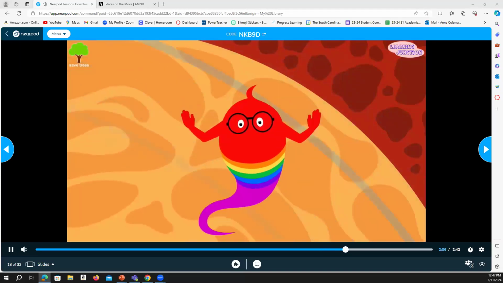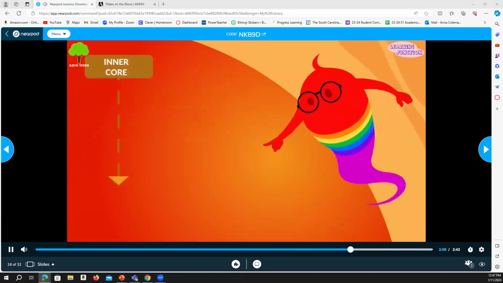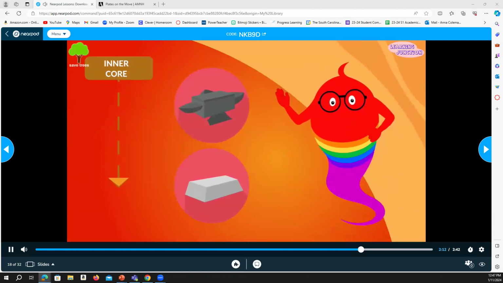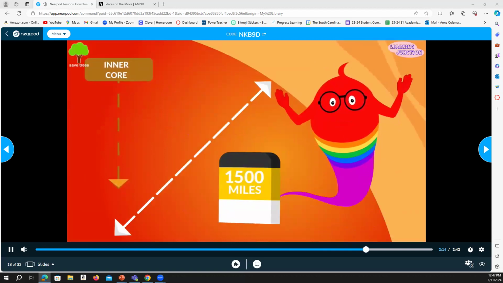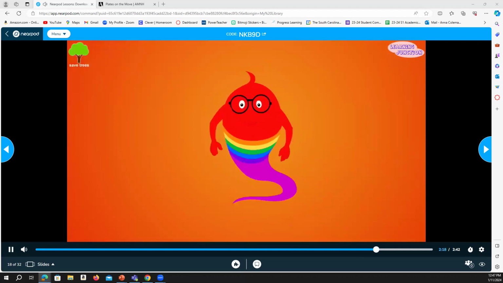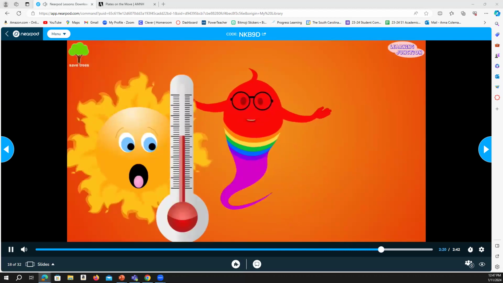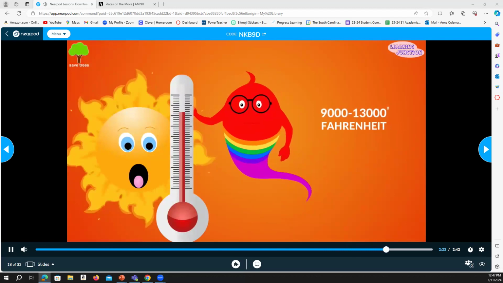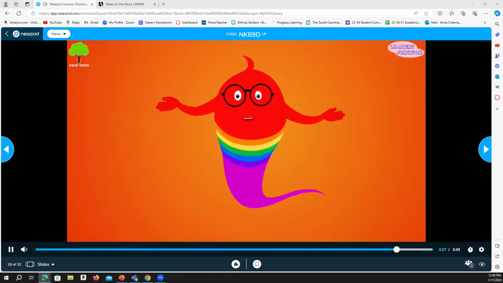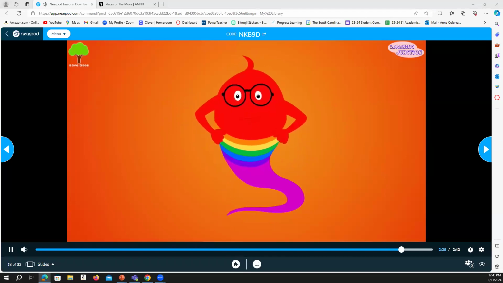That's cool. Now, the inner core. The Earth's inner core is made up of solid iron and nickel and is about 1,500 miles thick. That's too hot, and unbelievably, it's as hot as the sun's surface, around 9,000 to 13,000 degrees Fahrenheit. Now you know a lot about the layers of the Earth.